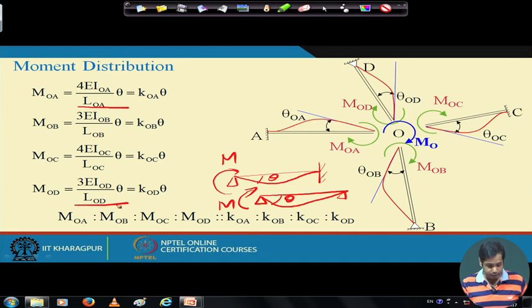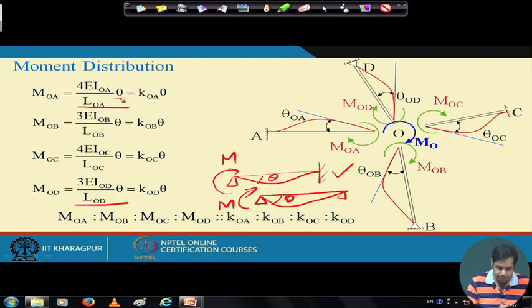Okay. Now, take member OA. This is the idealization for member OA. So, the moment MOA is related to theta OA as this, and this is the stiffness term. Suppose the stiffness is K of OA. Now, again, it is actually theta OA, but in the previous slide we have seen that theta OA, theta OB, theta OC and theta OD are the same, and we assume the value of all these rotations is theta.